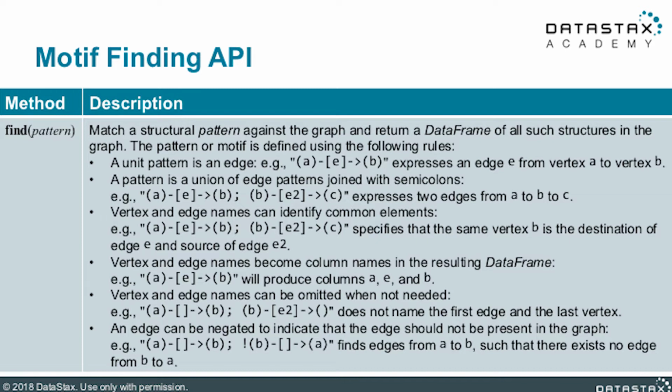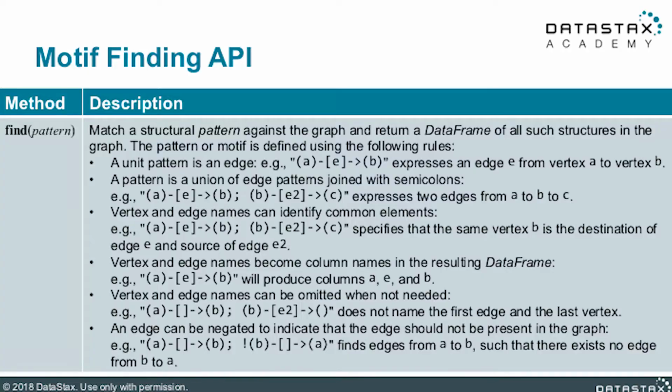If different pattern components share the same name, it means that they should match the same graph elements, such as B is used as an endpoint in one edge and also an endpoint in the other edge. B must match a vertex that has an incoming and outgoing edge accordingly to the pattern. Vertex and edge names become column names in the resulting data frame.